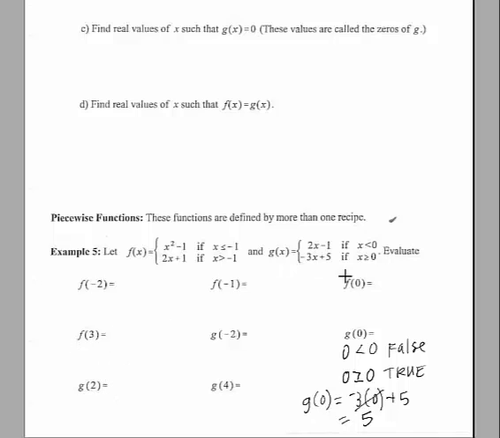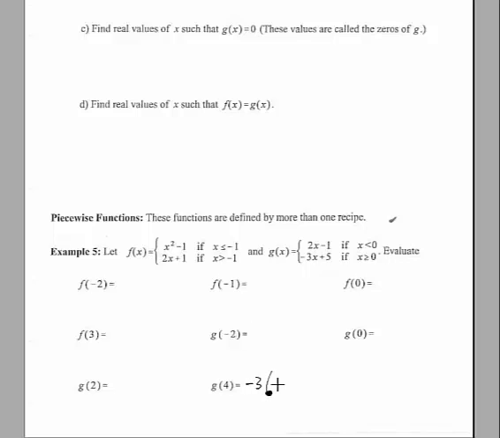g of 2. 2 is greater than 0. It's positive. So this would be negative 3 times 2 plus 5. Negative 6 plus 5 equals negative 1. g of 2 is negative 1. g of 4. 4 is also greater than 0, so we go with the negative 3x plus 5 expression to calculate g of 4.